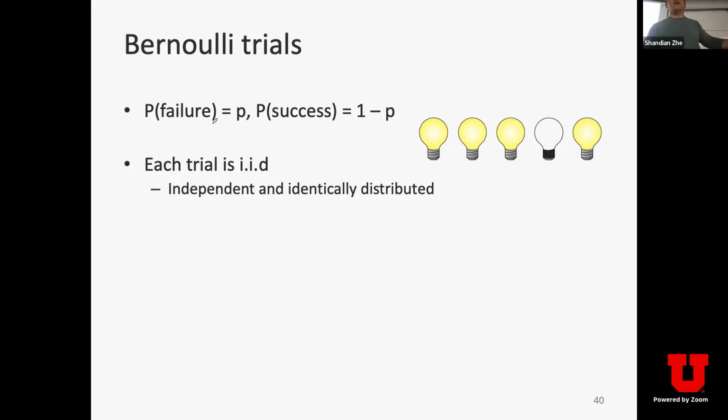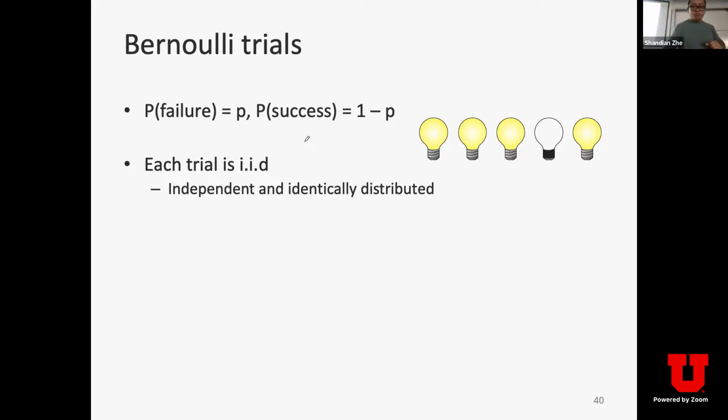Then the success probability will be 1 minus P. And you model the testing of each light bulb as a Bernoulli trial, meaning a binary random variable. It has a chance of P to fail, and a chance 1 minus P to work.